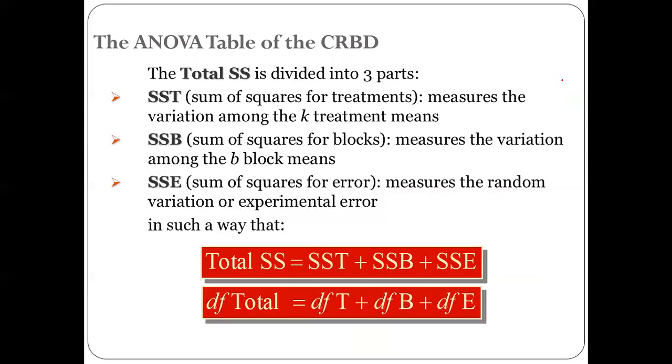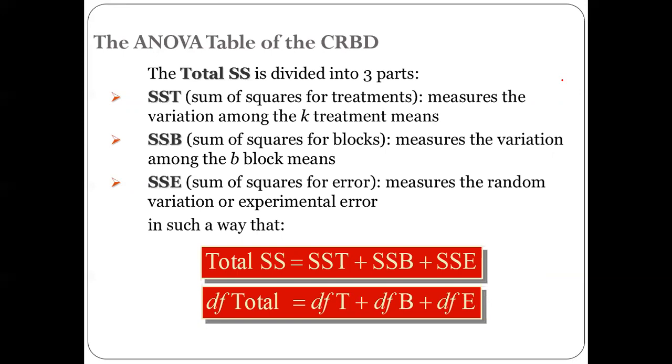In the two-way ANOVA table of CRBD, the total sum of square is divided into three parts. That is the SST, the sum of square for treatments, which measures the variation among the treatment means. Then the sum of square of blocks, and the third is the sum of square of error.